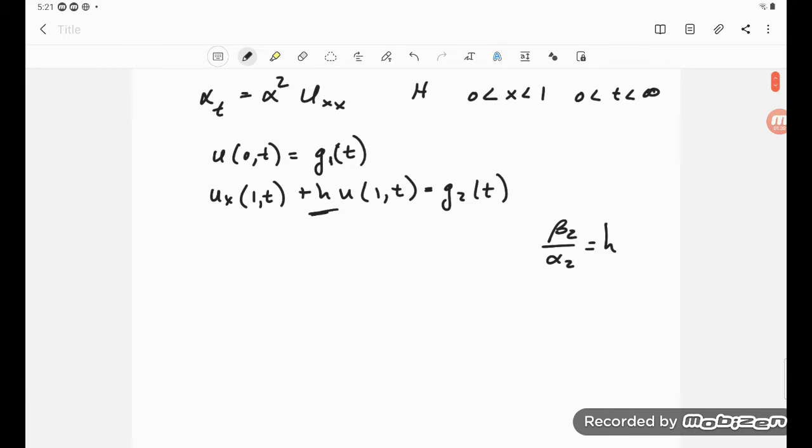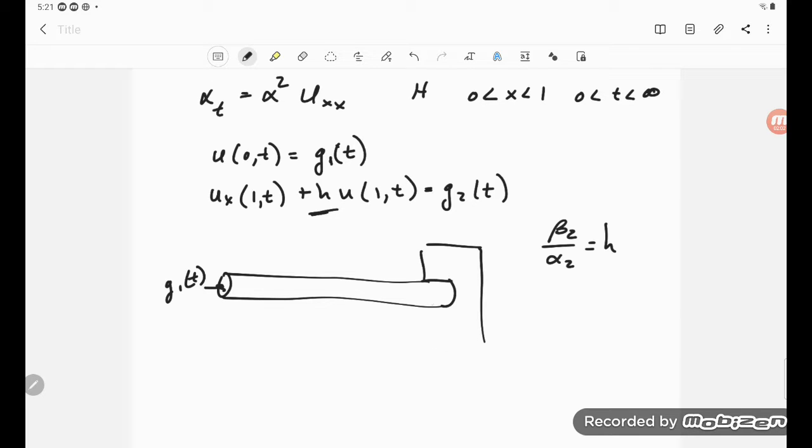Let's see. So this model would be a model of, at this end, we fix this to be G1 of t, and at this end we have our bath that is G2 of t.